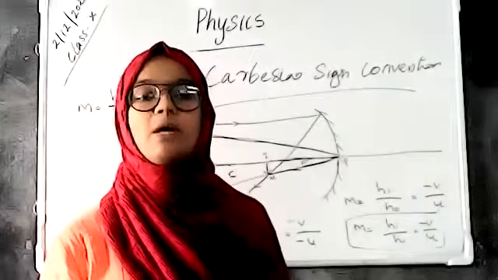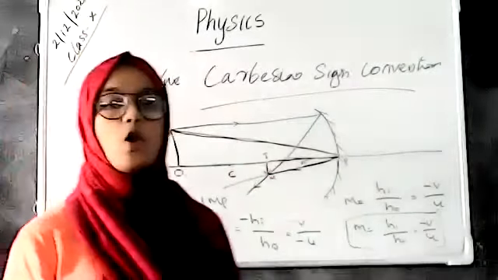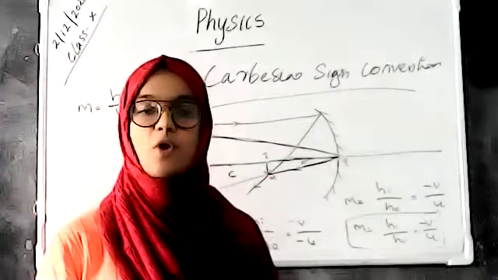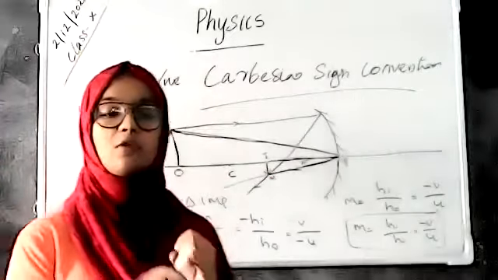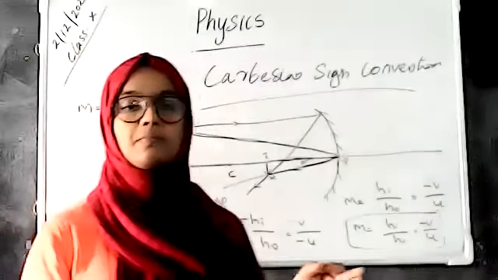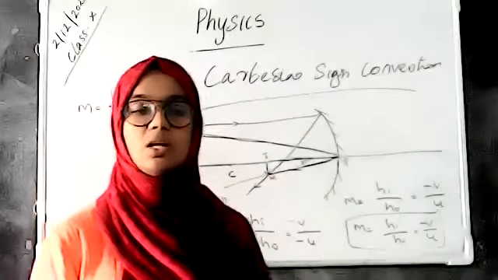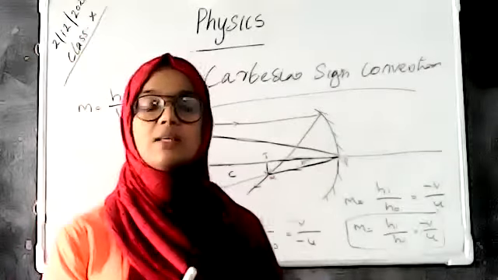And there are some problems based on finding the magnification of an object. In all of those problems, they give the height of the object, the height of the image, V or U. And from that, we use the new Cartesian sign convention and find the answers.